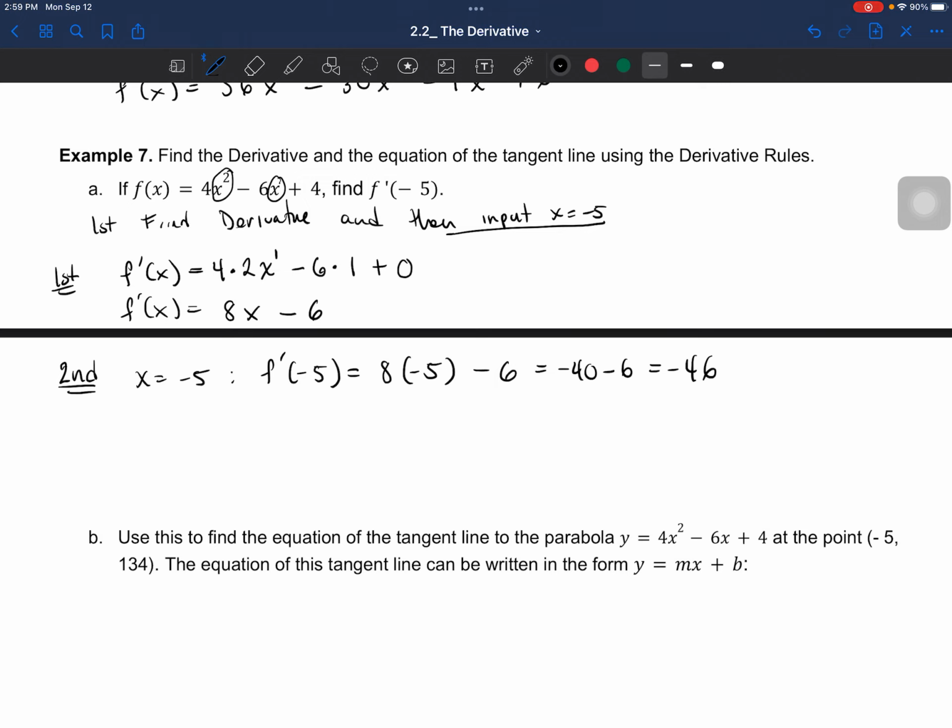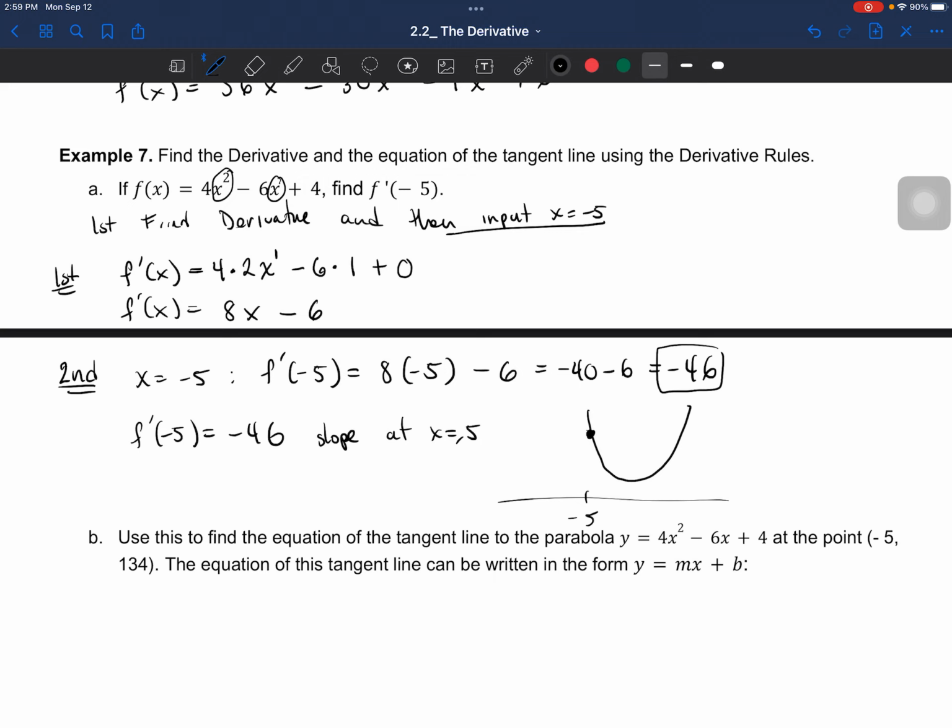Now, I want to remind you that if you have a curve here, at -5 the slope of this curve is -46. That is the instantaneous slope of that curve at x equals -5.